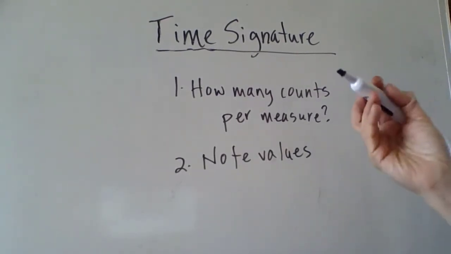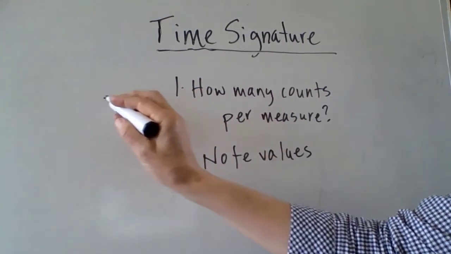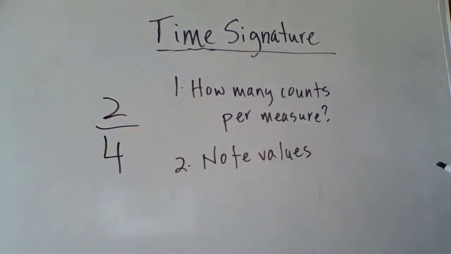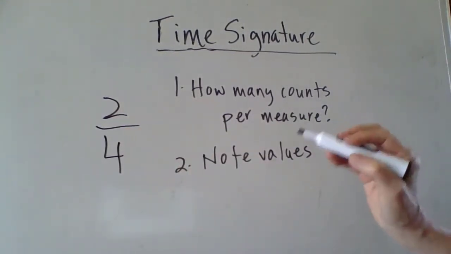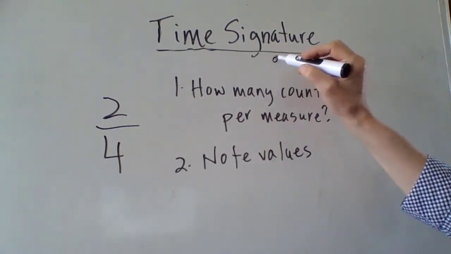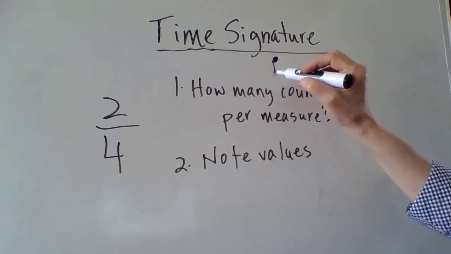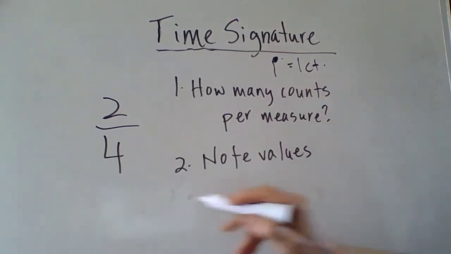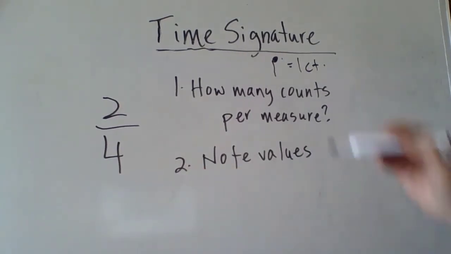Let's look at another example. 2/4 time. This is an interesting one because when we interpret Tarantelle with the dotted quarter equaling 1 count, the music ends up having a 2/4 feel.